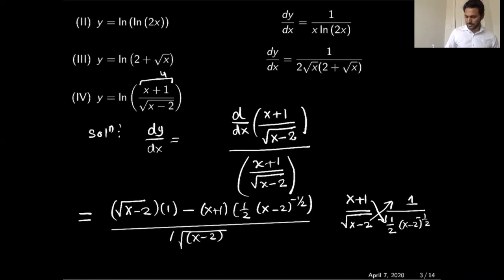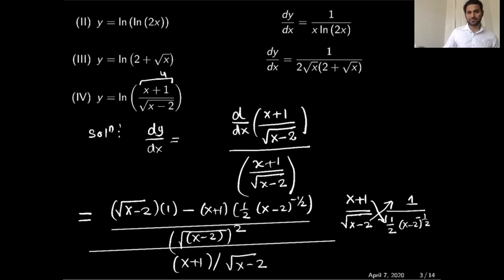And this whole entire thing is divided by this function, x plus 1 divided by square root of x minus 2. So this is a lot, but that's your final solution.